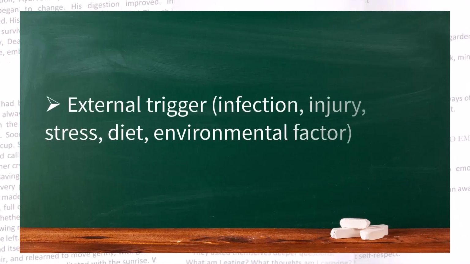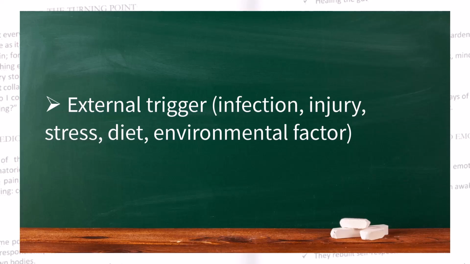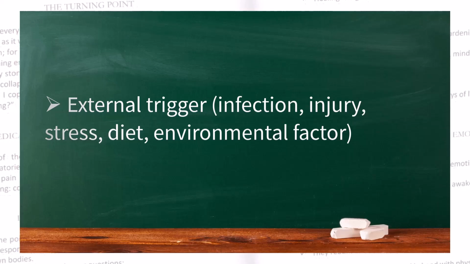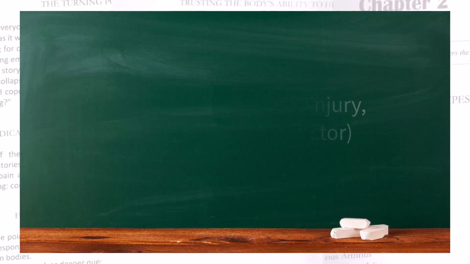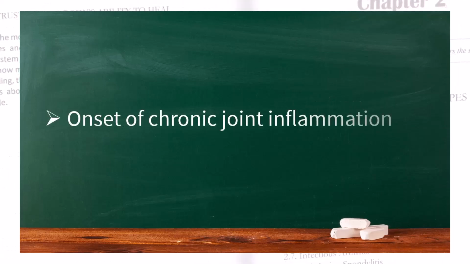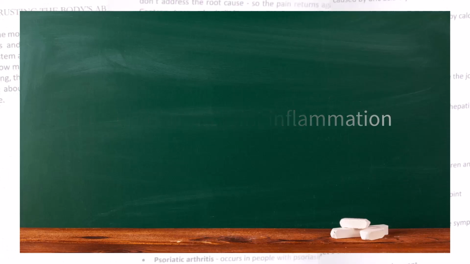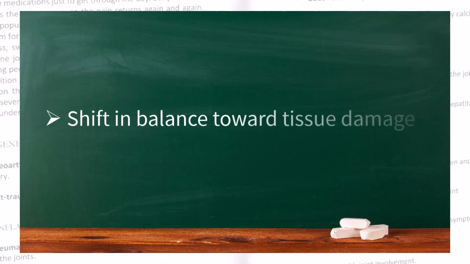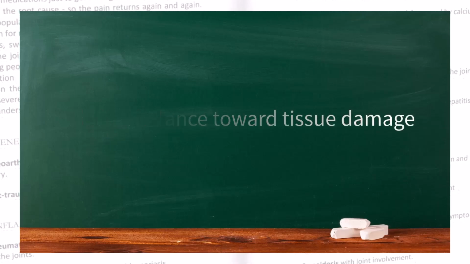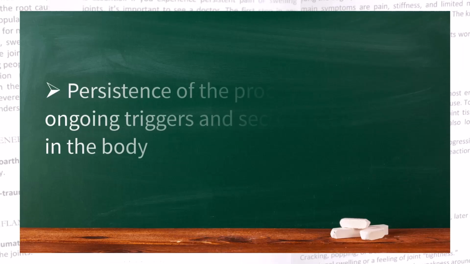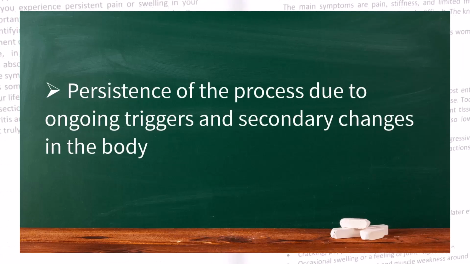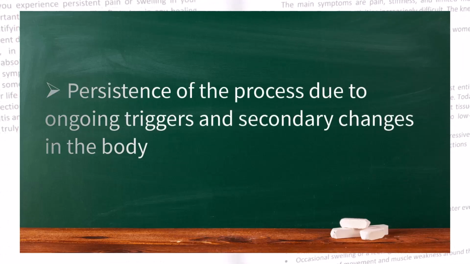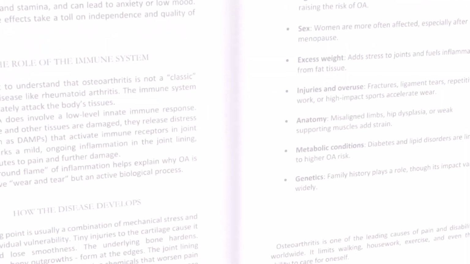External trigger, infection, injury, stress, diet, environmental factor. Onset of chronic joint inflammation. Shift in balance toward tissue damage. Persistence of the process due to ongoing triggers and secondary changes in the body.